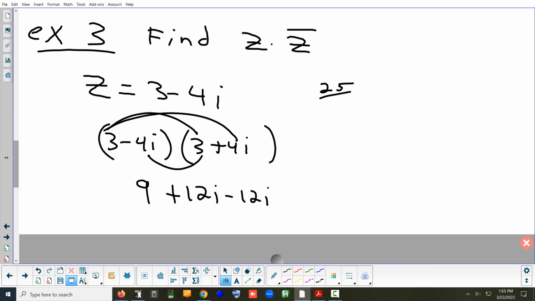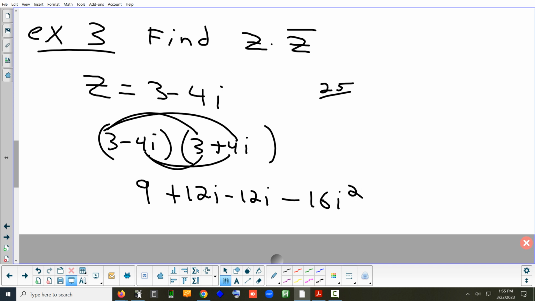Then we have a negative times a positive, so negative times positive gives me negative 16i squared.